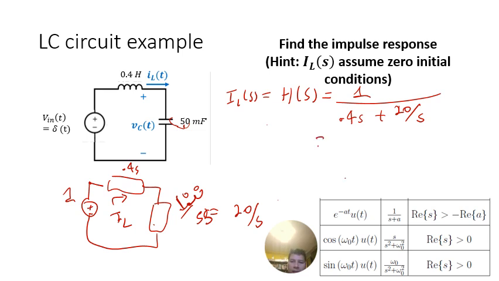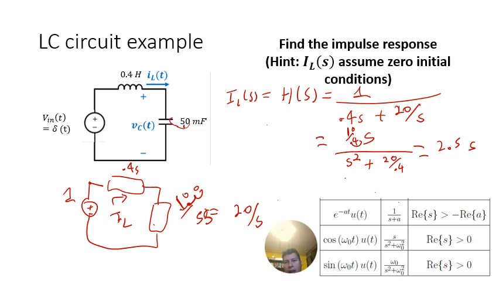So we're going to get 1 over 0.4 s over s squared plus 20 over 0.4. And luckily we've done this circuit many times, so we know that 1 over 0.4 is just 10 over 4, which is 2.5, so 2.5 s.